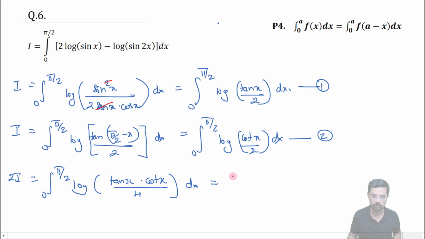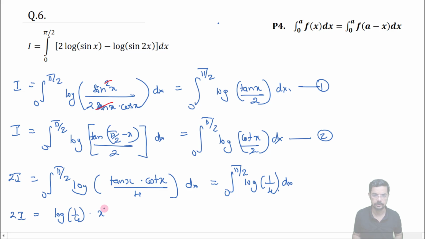So this becomes equal to integral from 0 to pi by 2 of log of 1 by 4 dx. So 2I will be equal to log of 1 by 4 into x. Integral of 1 dx is x, from 0 to pi by 2, which is equal to pi by 2 into log of 1 by 4.